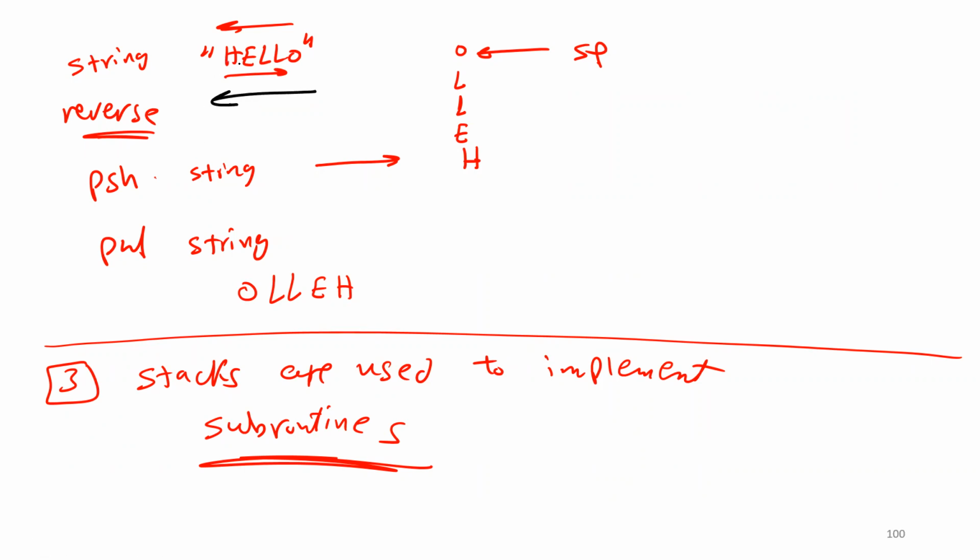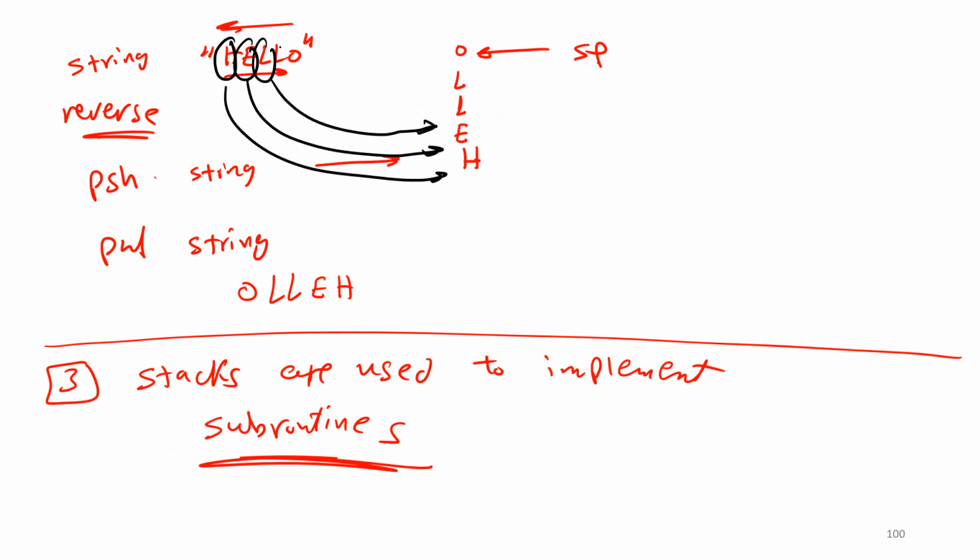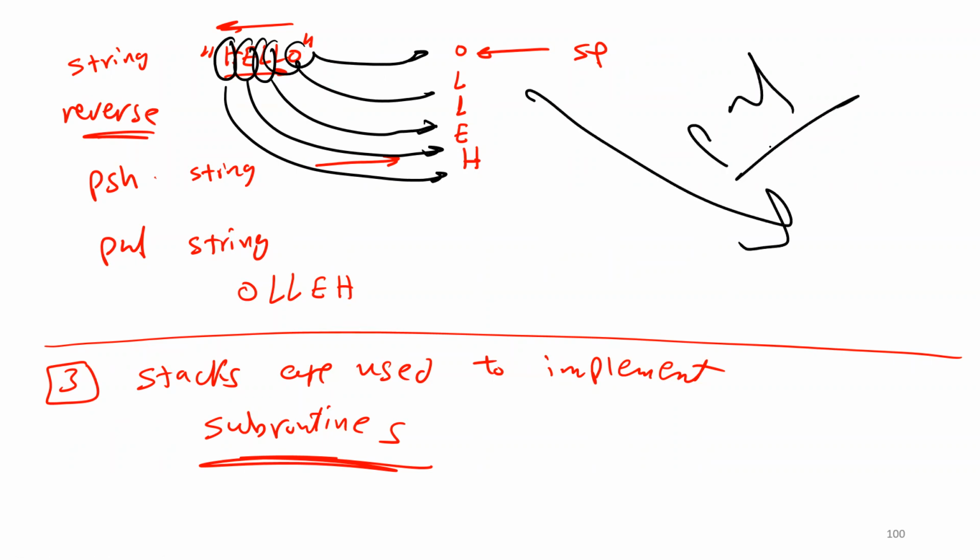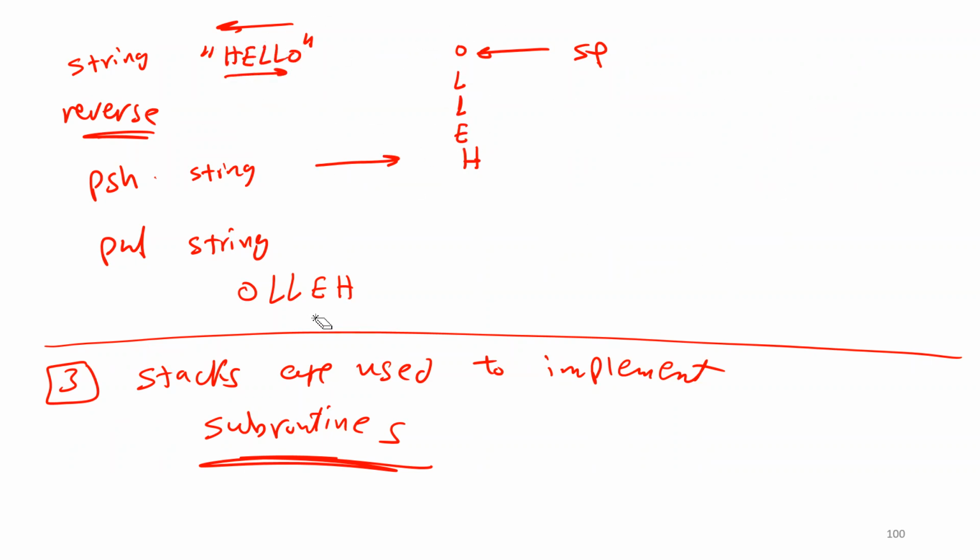The way I can do it is: push H, push E, push L, push L, push O. Because the stack is last in, first out, when I pull them, I get them in reverse order. So I get O first and then L, E, H. Again, just one idea. You may not need it, but it is also one way to use the stack. Okay, guys, any questions?